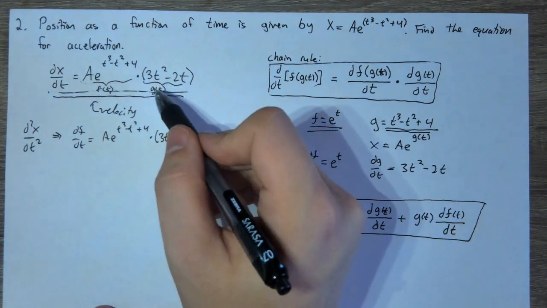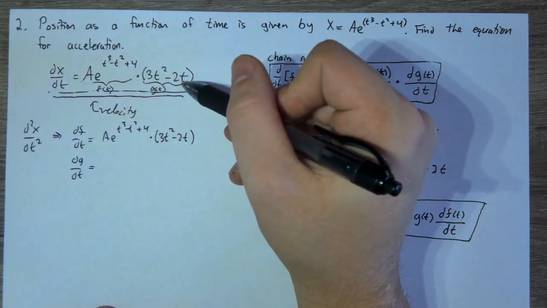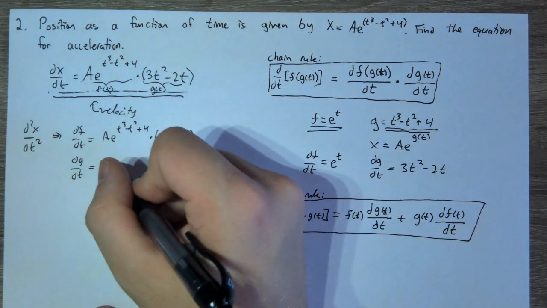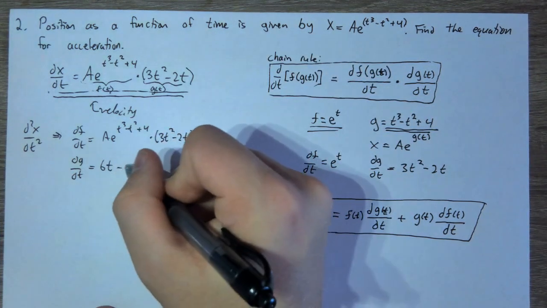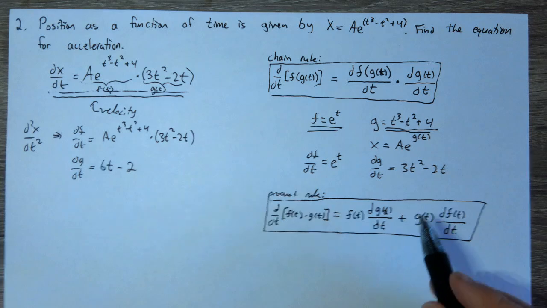Then, derivative of g(t), just use your power rule. So that's 6t minus 2. And then we put it all together.